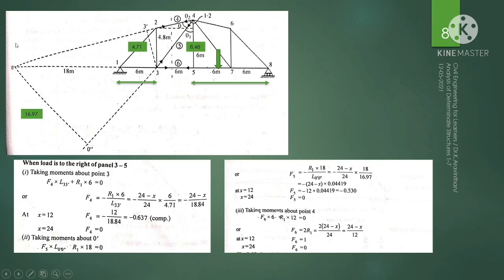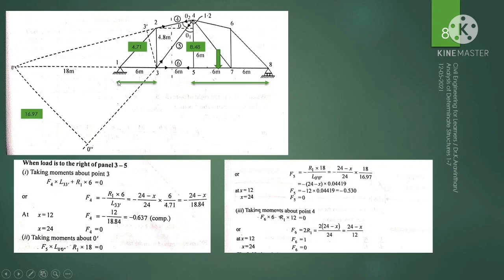Now to find the member 6, take the moment at the point 4 and consider this left hand side. So the load is F6 into perpendicular distance is 6 meter. Since it is anti-clockwise, it is written as minus F6 into 6, and you have R1 into distance.